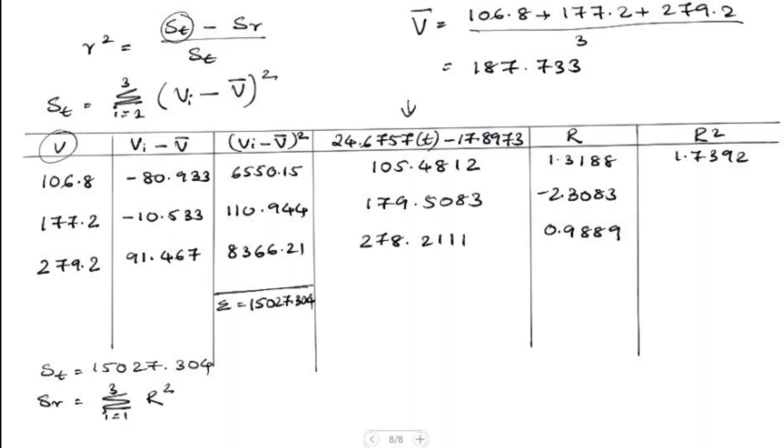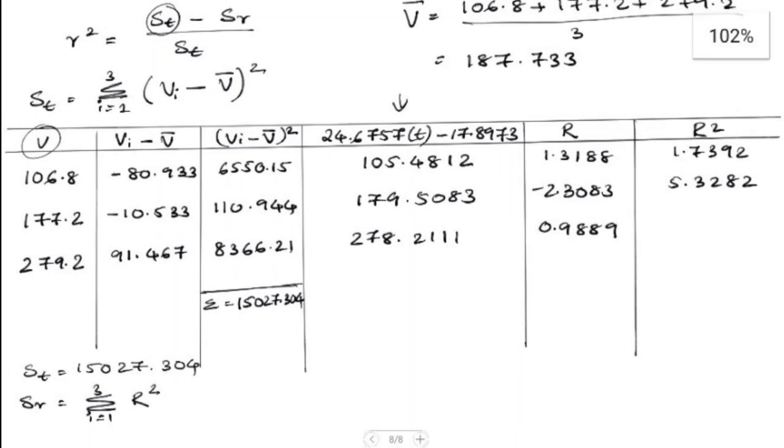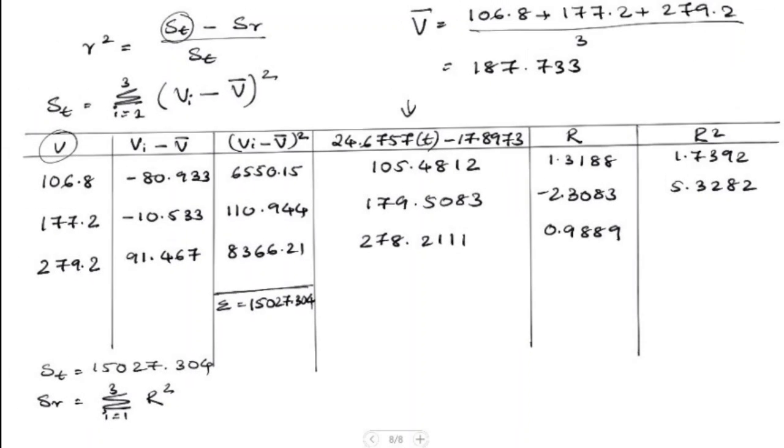The squares are 1.7392, 5.3282, and then we get 0.9779 here, and the summation of all of these is equal to 8.0453.